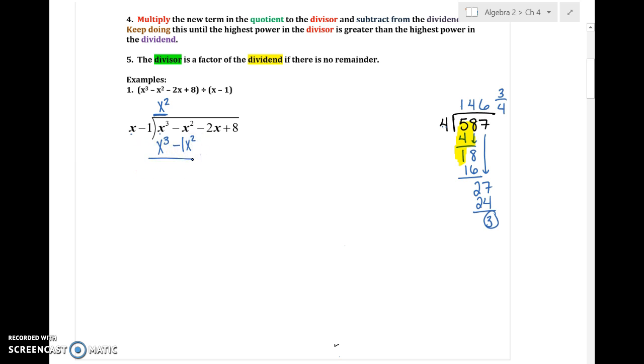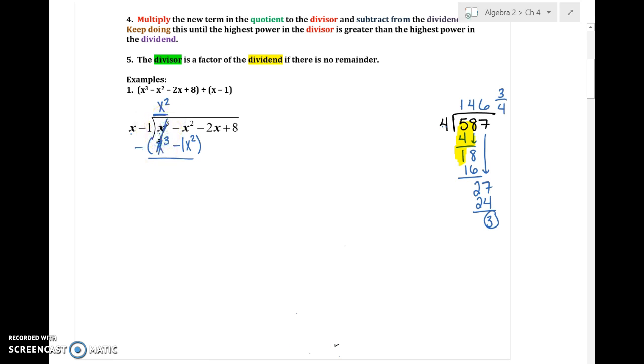So x times what is x to the third? And then multiply that by x minus 1 and write it underneath. Take a guess. What do you think we're going to do with those 4 terms right there? Subtract them. X to the third minus x to the third. That should cancel.